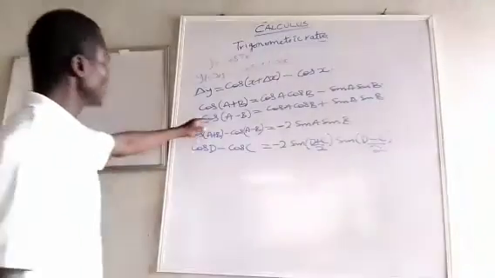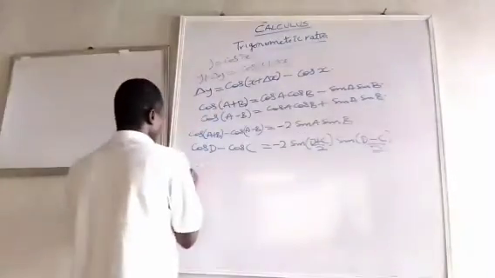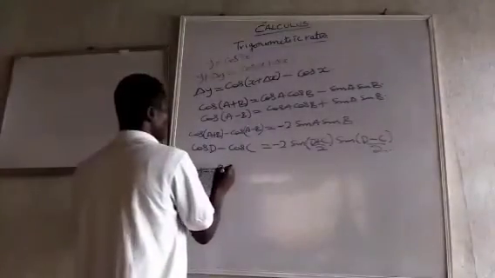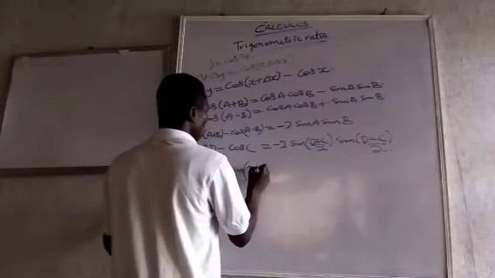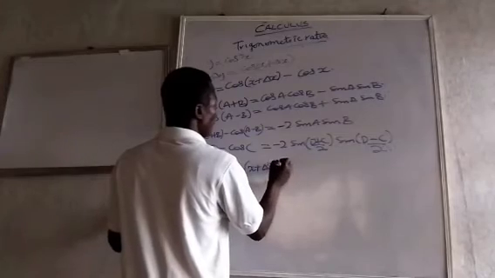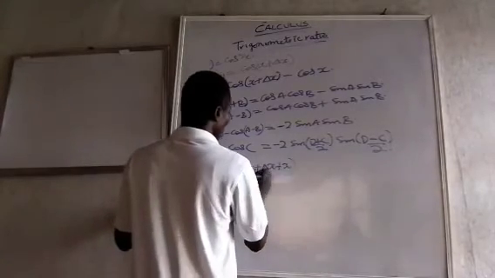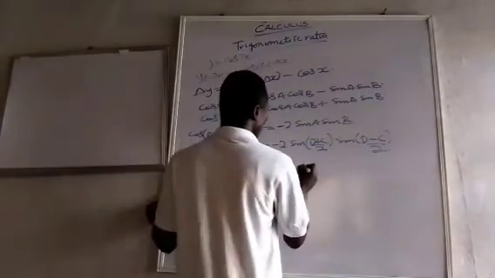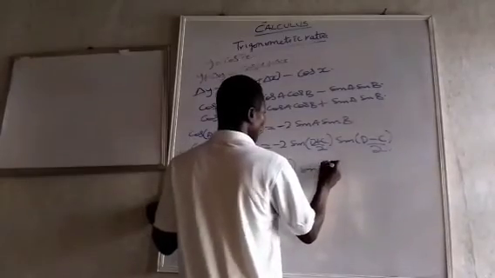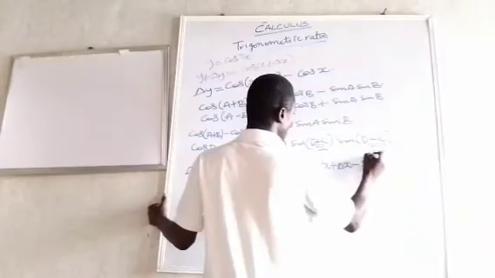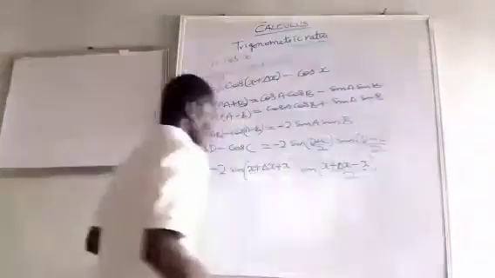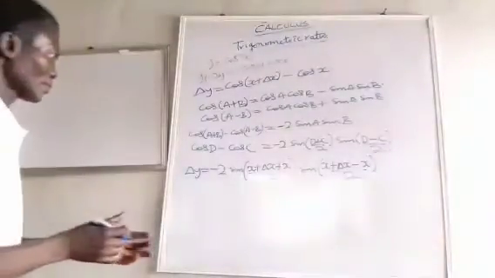So in the same way, delta y is equal to minus 2 sine of (x plus delta x plus x) over 2 into sine of (x plus delta x minus x) over 2. You get that? So what do we have next?